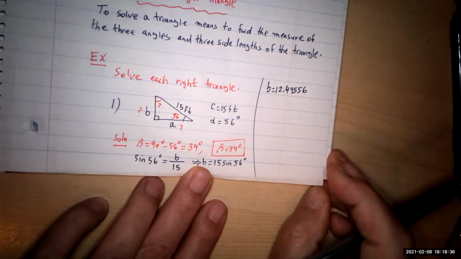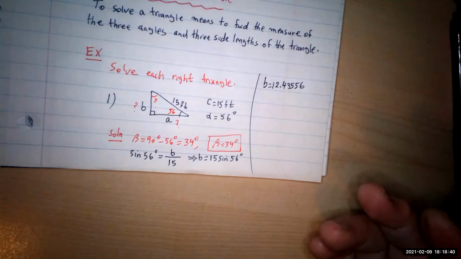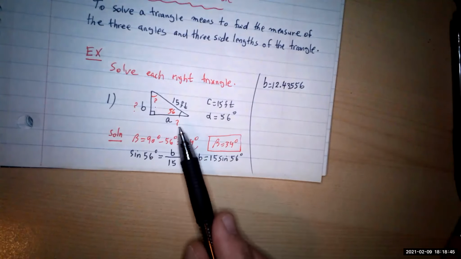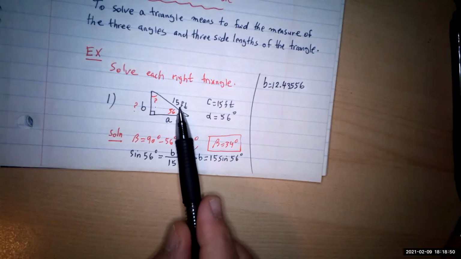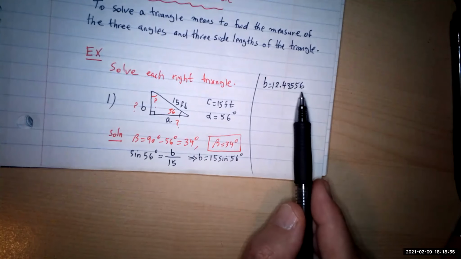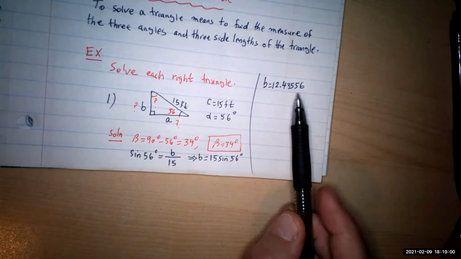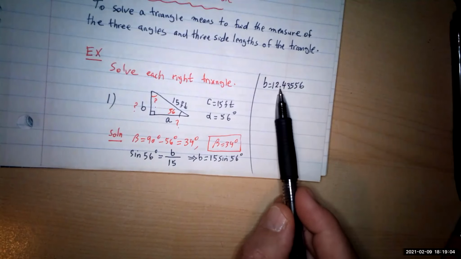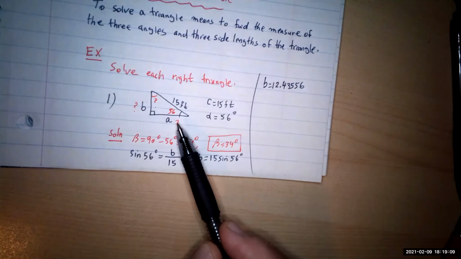Now we are going to round these numbers. In your book, they talk about something they call significant digits, but basically the way we are going to do it, we just check these numbers. 15 has 2 digits, and 56 has 2 digits. The number of digits that you are allowed to have must be the same as the minimum number of digits in the given information.